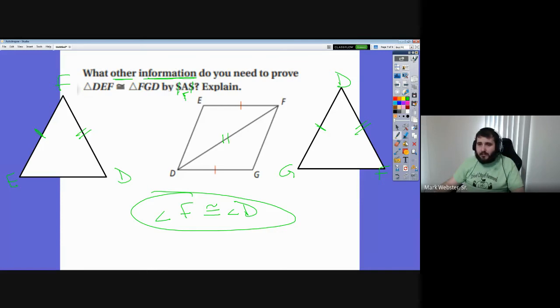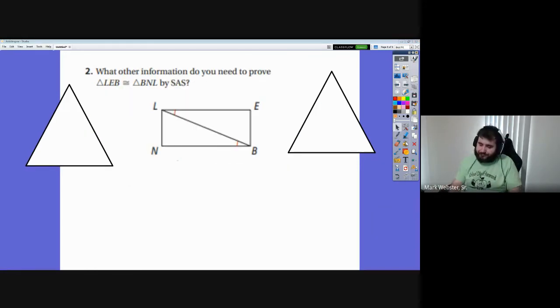All right. So I'm going to have y'all do the exact same thing here. You're going to be given information and you need to detail the thing that's missing. So once again, take the information you already know and put it on the diagrams so that you can see it a little bit better. Now, what I'm going to tell you is this.